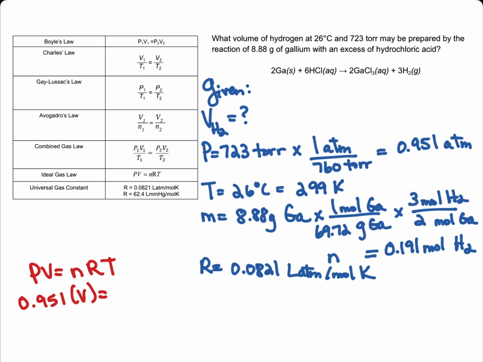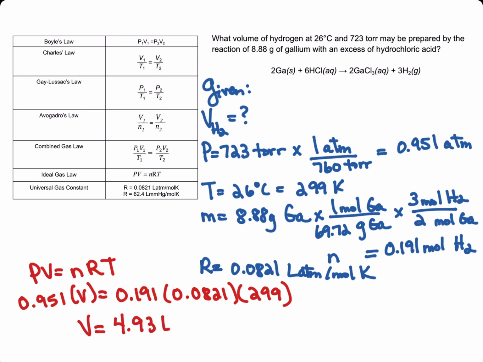I'm going to use n, so the number of moles of hydrogen. My T. Solve for my V. V equals 4.93 liters.